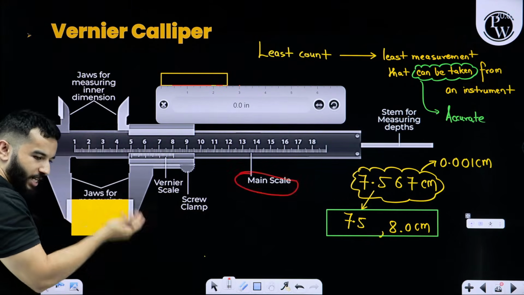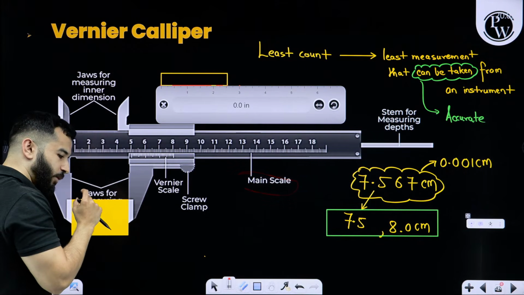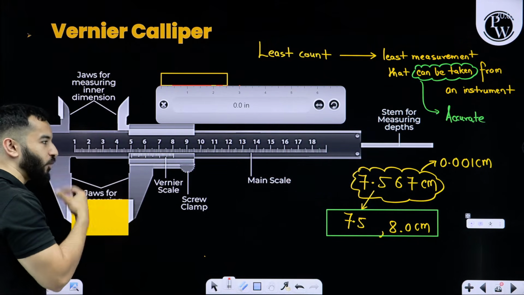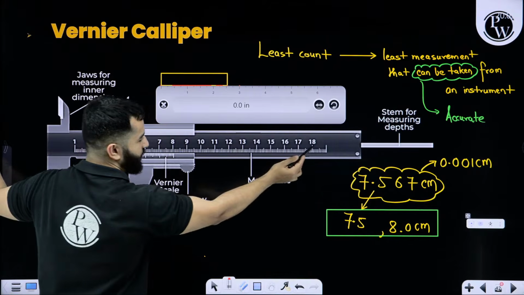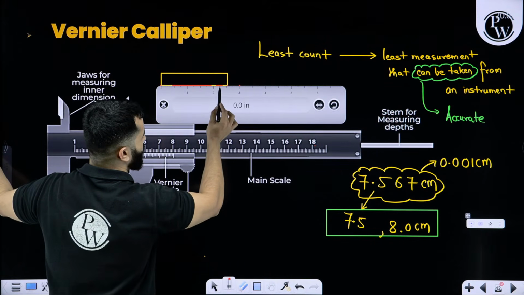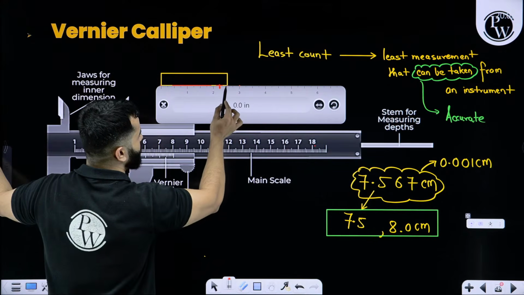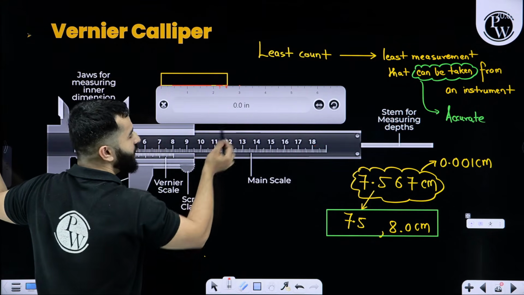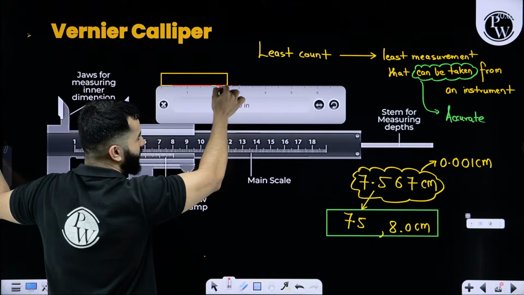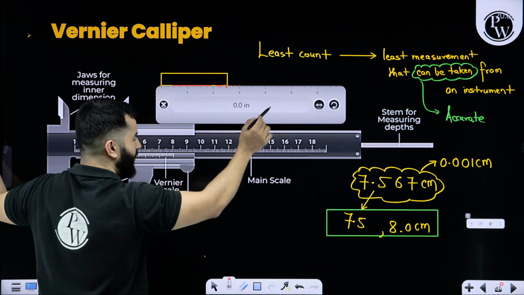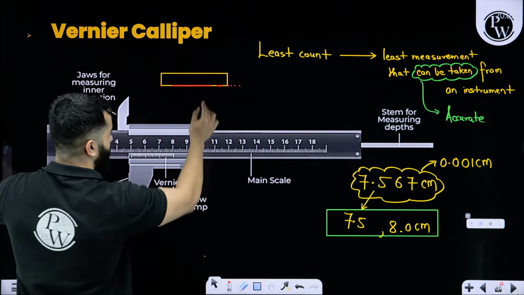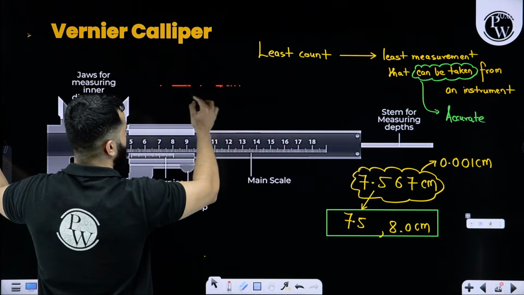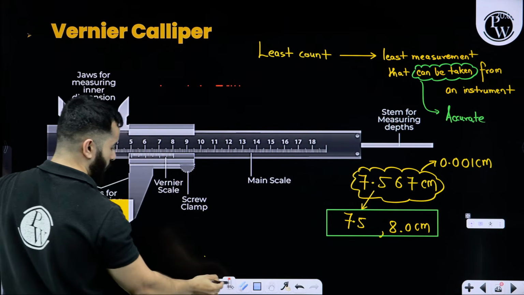Then when we want a more accurate reading, we are going to look at the vernier scale. When you look over here, you say, okay, this is the first division and this is the second division. Then we are going to find out what these divisions correspond to. Clear?